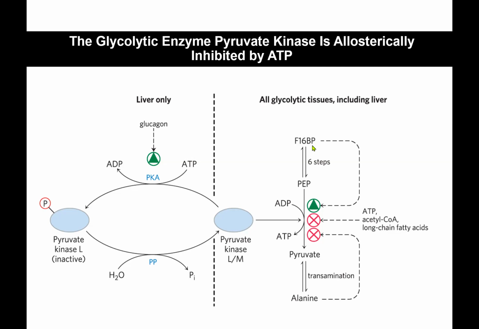Well, fructose 1,6-bisphosphate is activating. And things like ATP, indicating high energy levels, acetyl CoA, and long chain fatty acids, all symbols of high energy conditions, are inactivating to this enzyme.